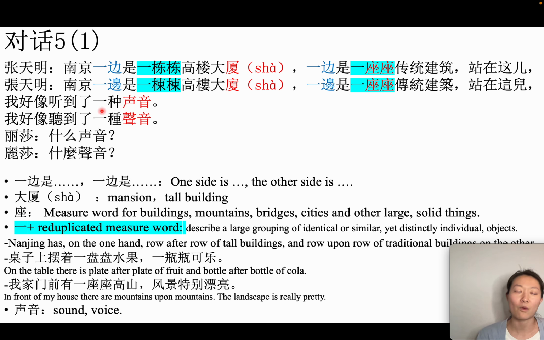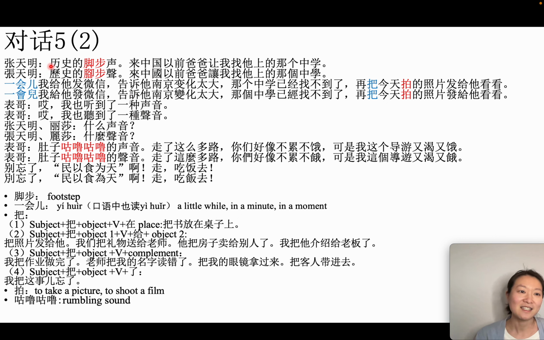A kind of sound, a voice. 丽莎问什么声音？你听到什么声音了？张天明说历史的脚步声. 脚步 means footstep, the footstep sound of the history. 他说来 because they went to Nanjing, and saw some traditional architecture, but they also saw some modernized tall buildings as well, so they can see that history is making progress.